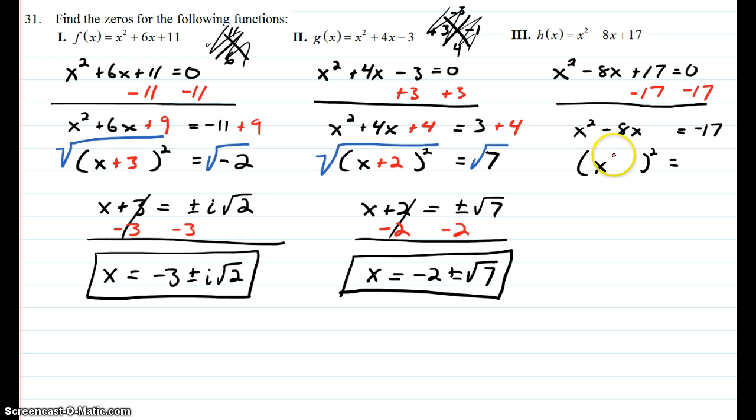So what's half of a negative 8? It'd be negative 4. Negative 4 squared is positive 16. So we're going to add 16 to both sides. So negative 17 plus 16 is negative 1. Now we're going to square root both sides to get rid of the square.